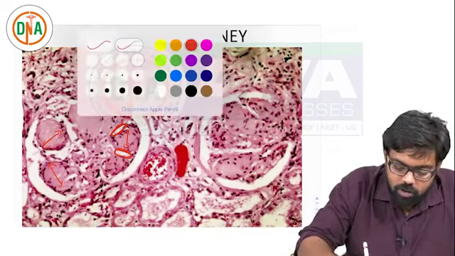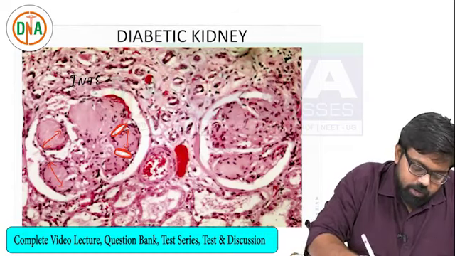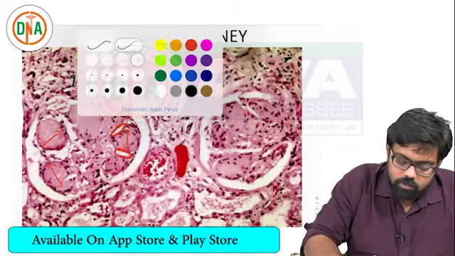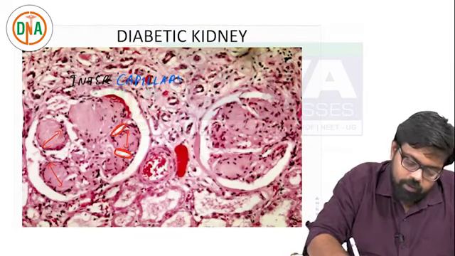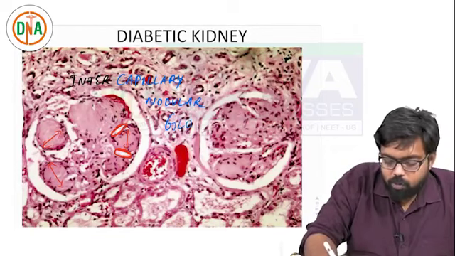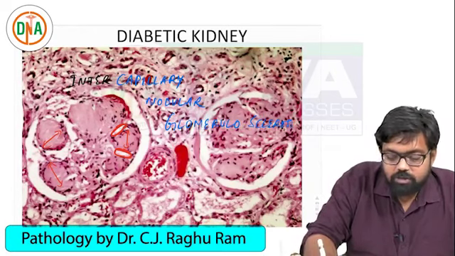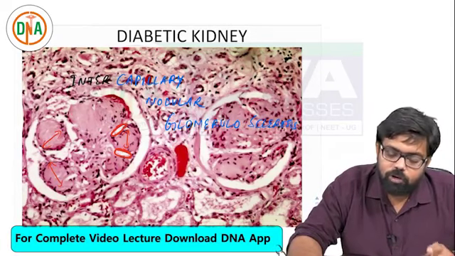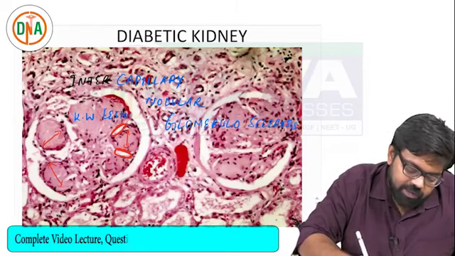So this is called intercapillary nodular glomerulosclerosis. This is the characteristic lesion which you come across in a diabetic kidney. So what is the characteristic lesion which you come across in diabetic kidney? Intercapillary nodular glomerulosclerosis. This is also called KW lesion. The full form is Kimmelstiel-Wilson lesion.